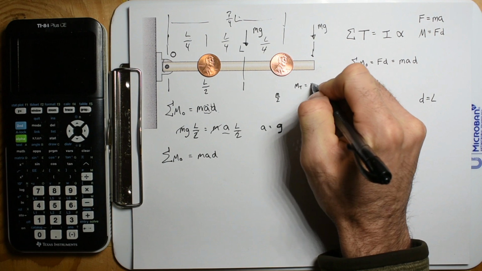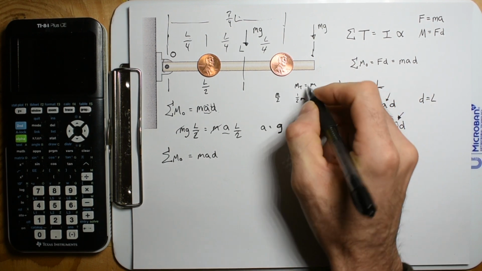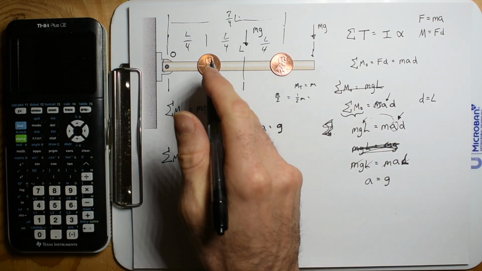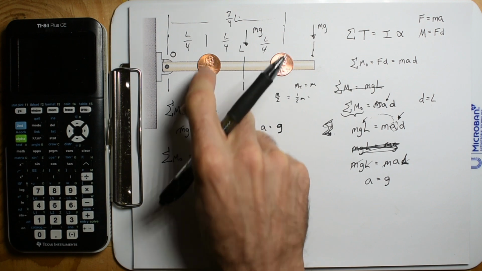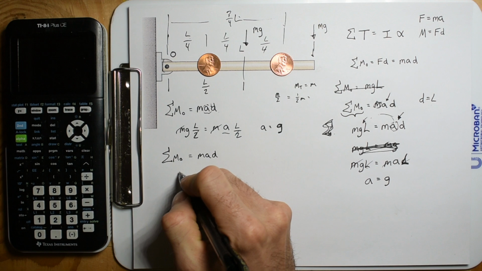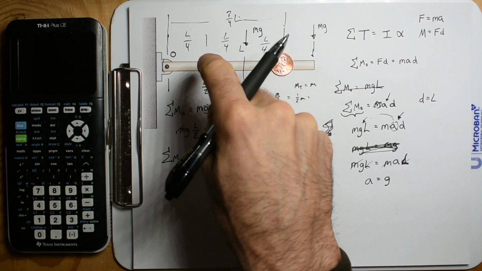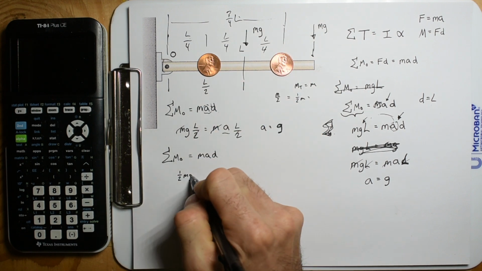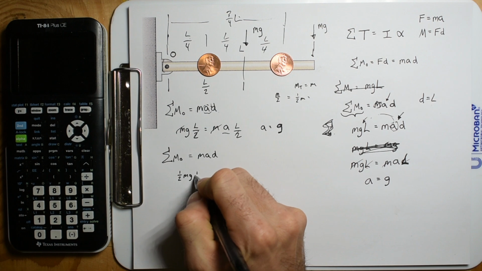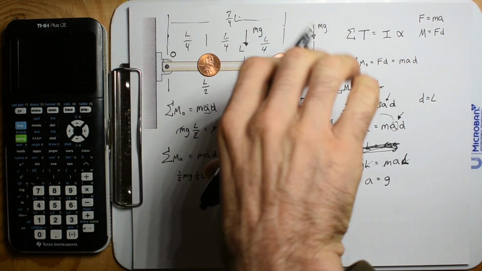The moment due to this penny about point O will be its force, which is the mass times gravity. So we have 1/2 mg times the distance, 1/4 L. That's the moment there.